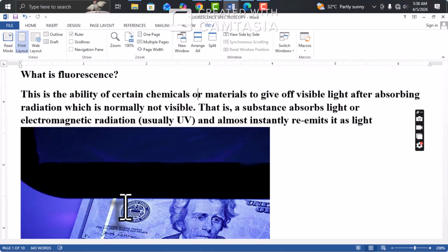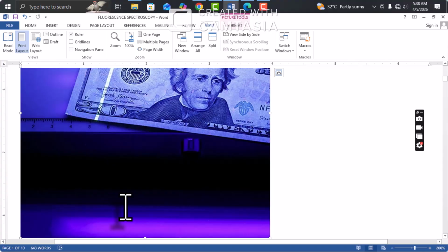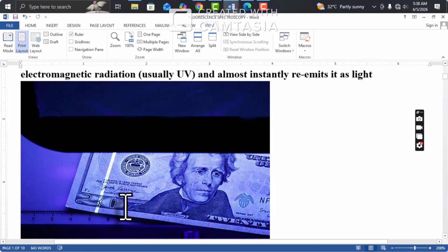So what we are saying here is we have a material, for example the dollar note there. When you look at the dollar note, you normally do not see this white visible light. It's this line here. This line is only visible because it is under UV light.